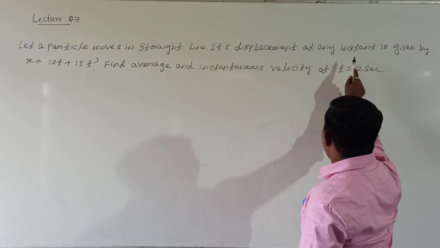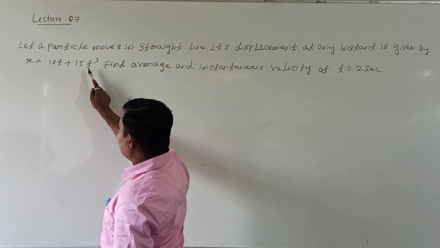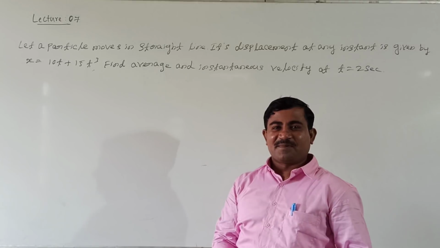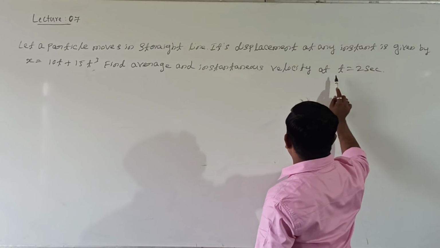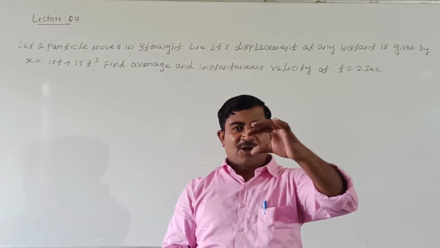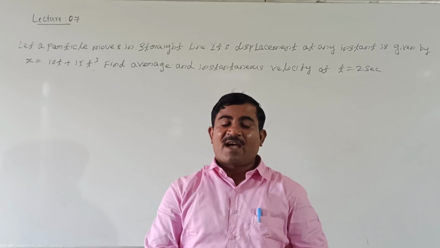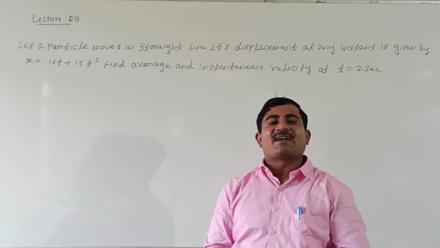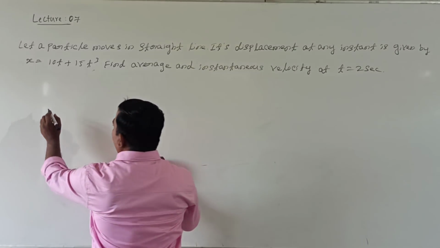Its displacement at any instant is given by x equal to 10t plus 15t cube. Find the average and instantaneous velocity at t equal to 2 seconds. The body moves in a straight line.